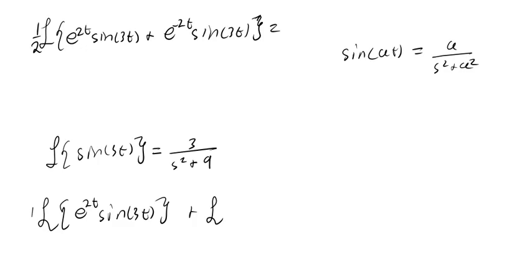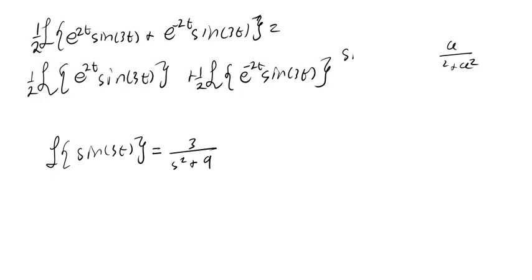By the way, I have 1 over 2 on the outside, so I'm just going to write them as individual transforms. So here you have e to the minus 2t, then sine 3t. Let's see what this combination is going to result in.